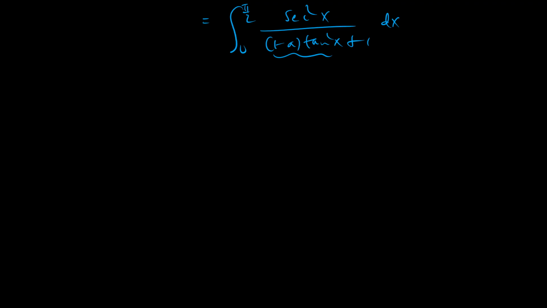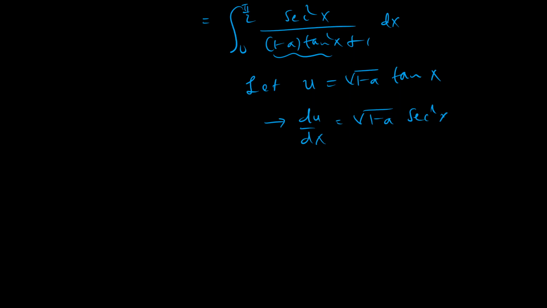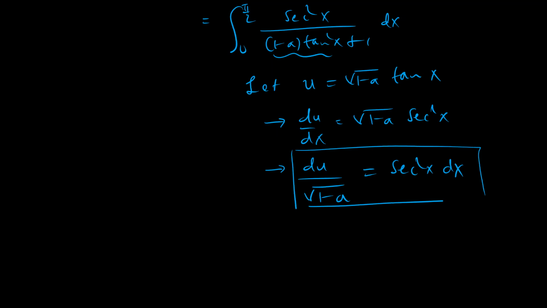So we can substitute for this interesting part, and we'll say let u be equal to the square root of 1 minus a times tan of x, such that du/dx is equal to the square root of 1 minus a times sec squared x. And so what that means is that du over the square root of 1 minus a is equal to sec squared x dx. So we can use that to substitute for whatever is in the numerator.